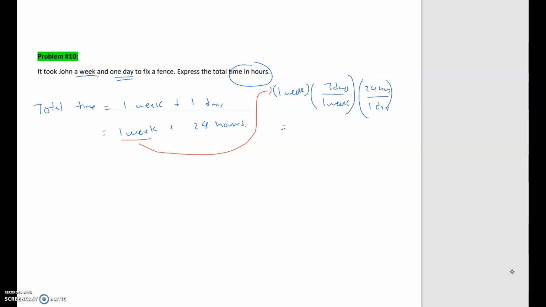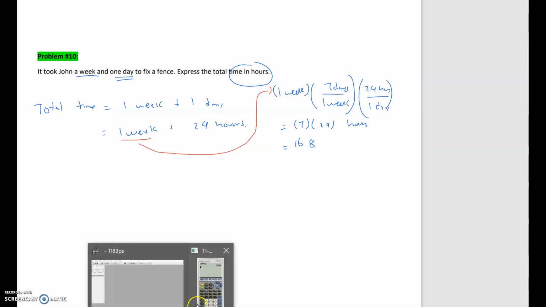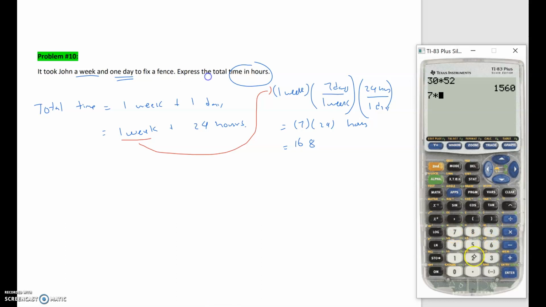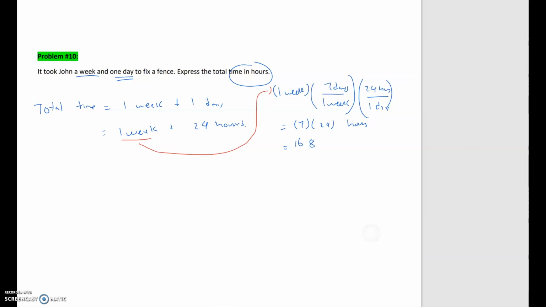So this is going to be equivalent to 7 times the values of 24 hours. So that's going to give us 168. And let me just confirm that. So 7 times 24, it's 168 hours.